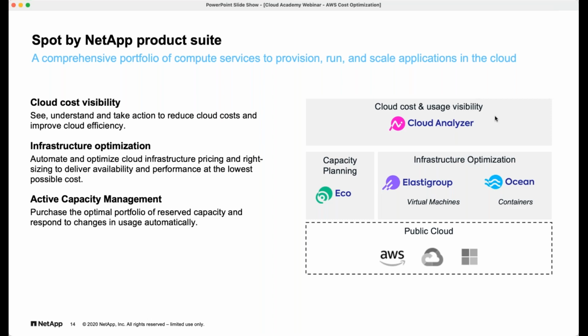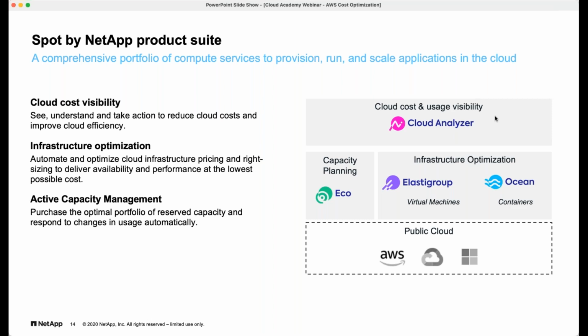If we move on from Cloud Analyzer and we take that whole view of your cloud account and we start looking at how to take action on how to make that efficiency as close to 100% as possible, we'll start with Eco. And Eco is all about capacity planning. And this goes back to that number 2 bullet that we talked about in a previous slide, which is commitments and how you manage commitments.